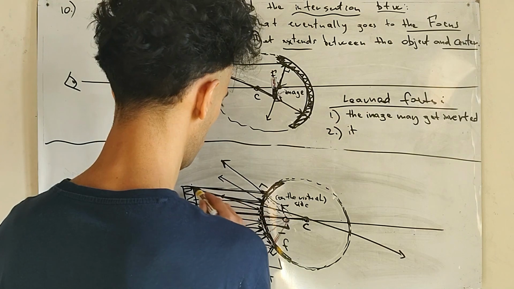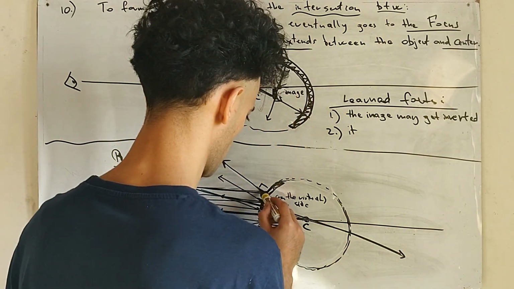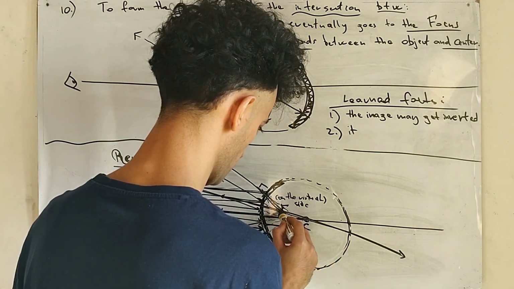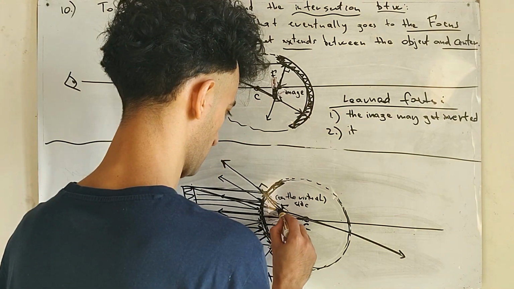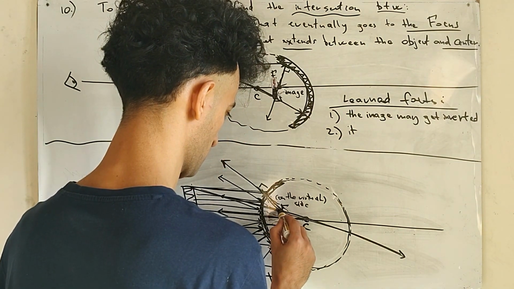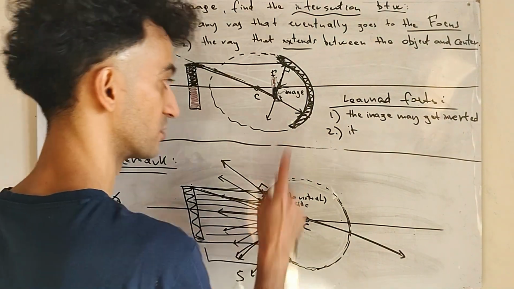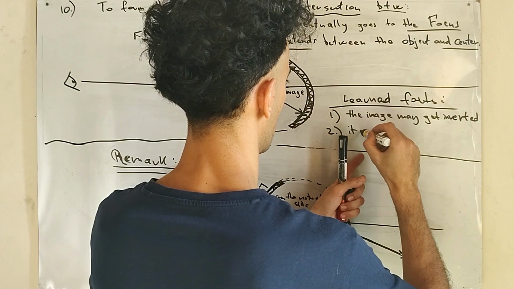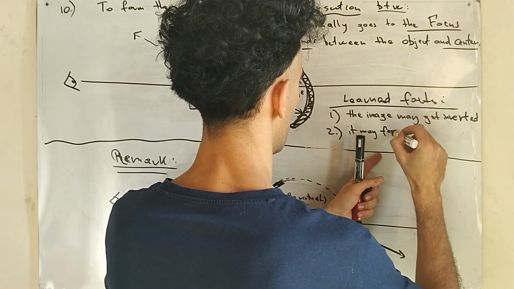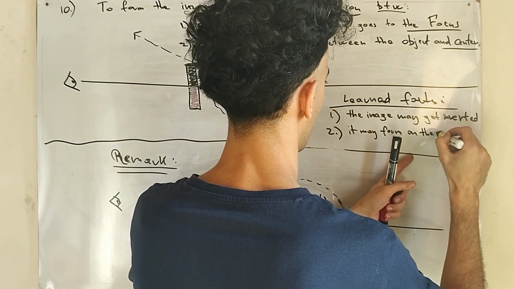Where do these two rays of light get intersected? Right? Here? The image forms here. What is this? Isn't that the virtual side? It is. So, it may form on the virtual side.